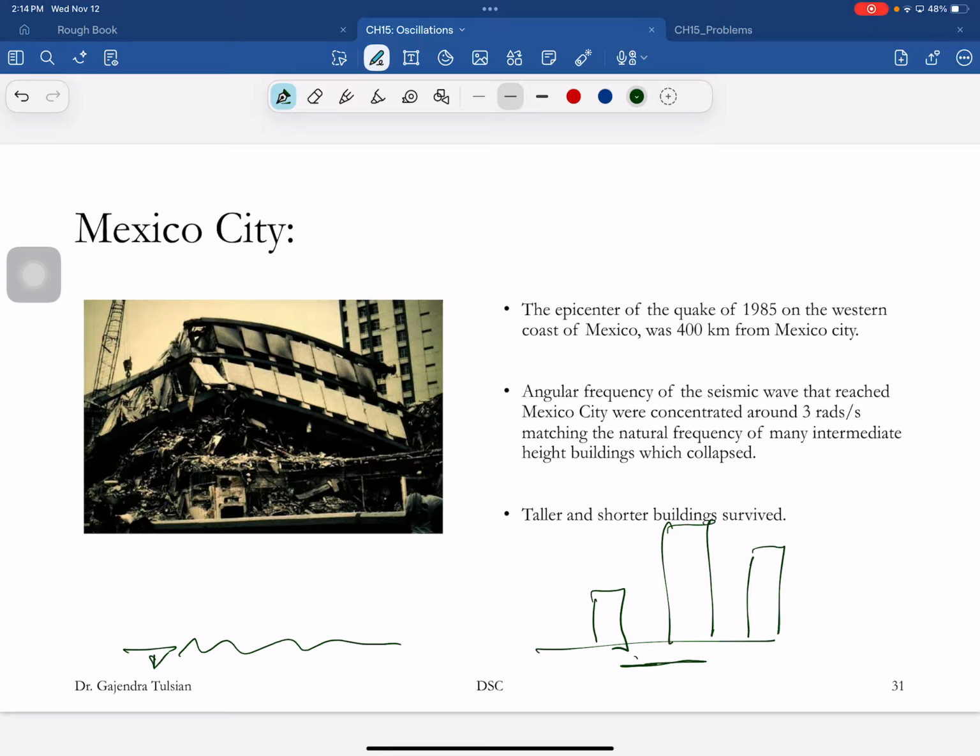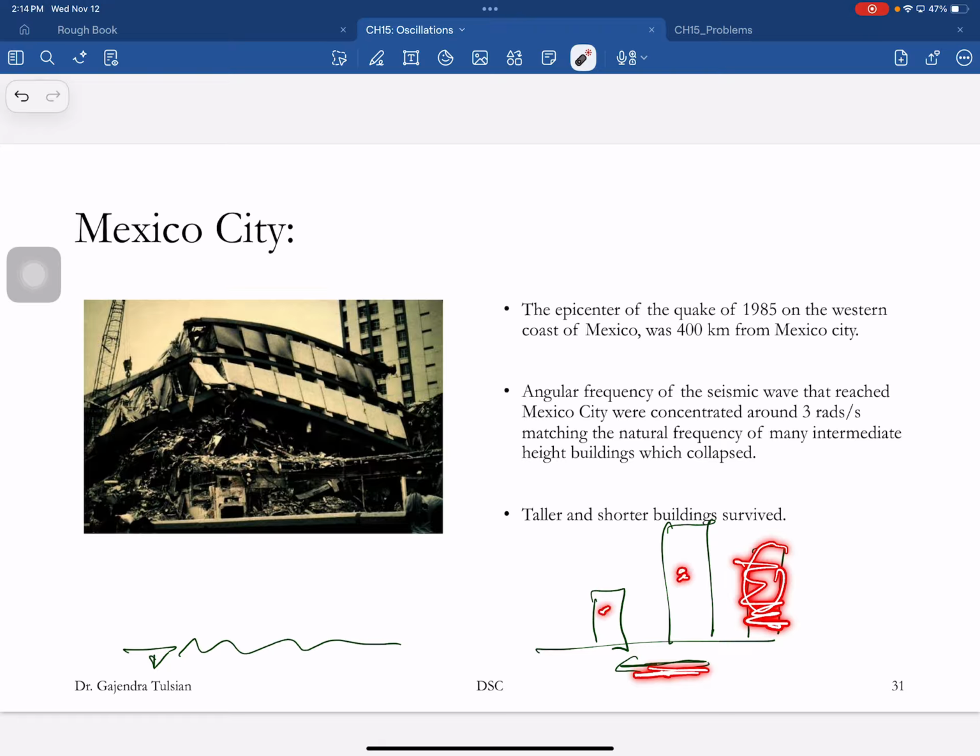The ground was shaking at a frequency of 3 radians per second. In a circle there are 2 pi radians, which is about 6 radians, so the period was 2 seconds. Every 2 seconds you had one oscillation. That's how the ground was shaking. And it turned out that the frequency of these buildings matched the ground frequency, and they collapsed. These buildings, their frequency didn't match the ground frequency, and they were fine.